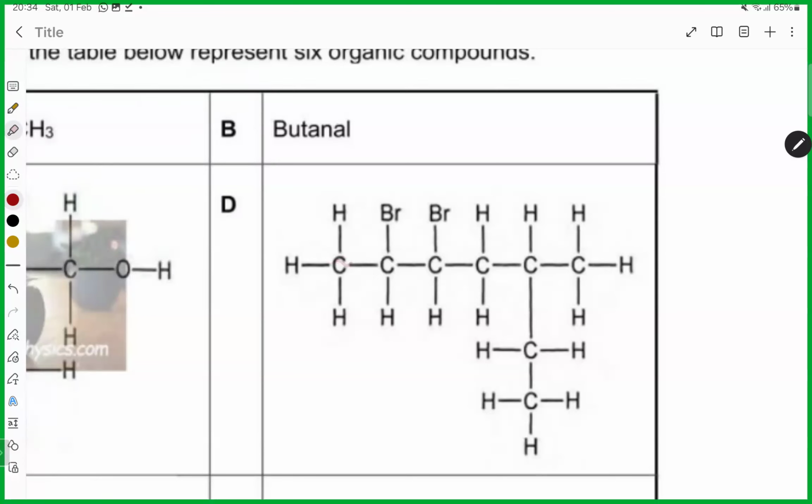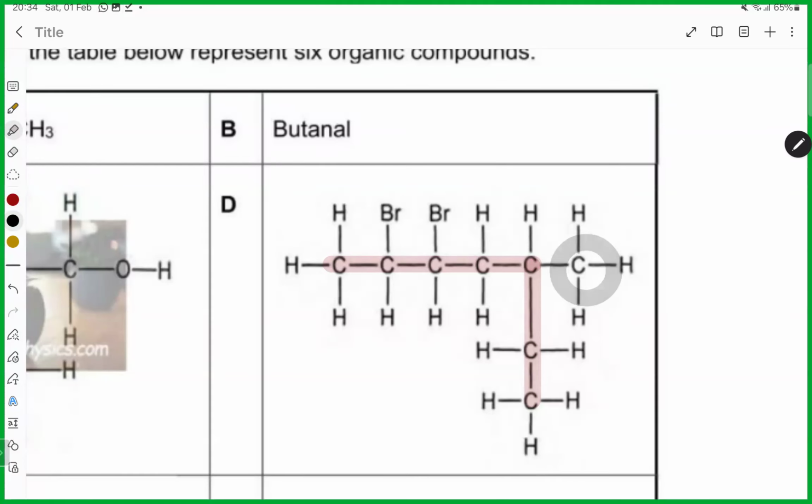Starting from the left. 1, 2, 3, 4, 5. Sorry, heptane. 6, 7. 7 carbons, not 6. So 2,2 dibromo was correct. 5 methyl was correct.